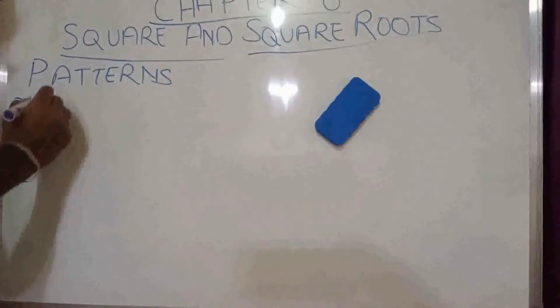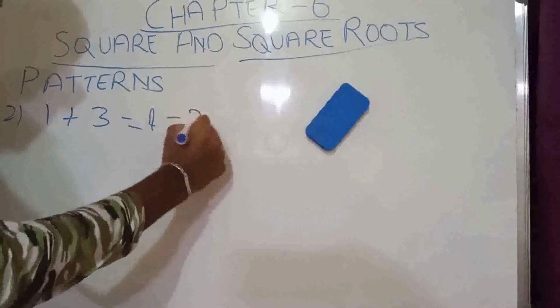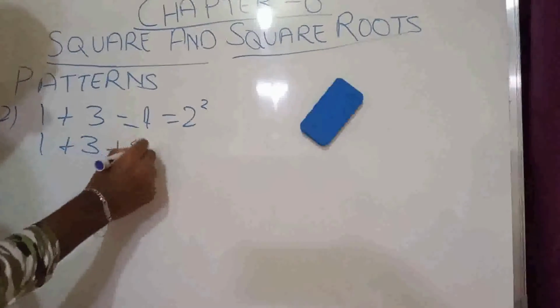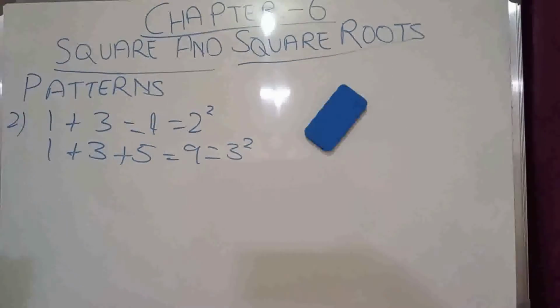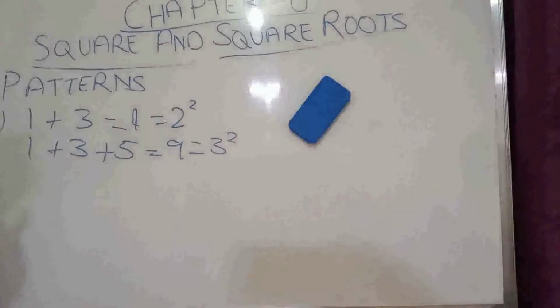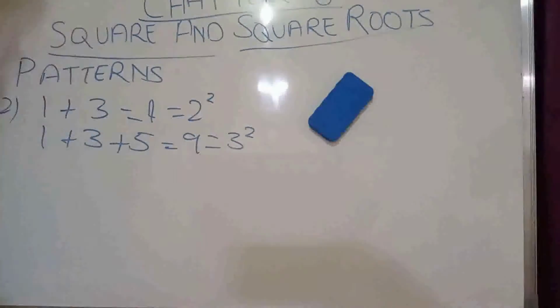For example, 1 plus 3 equals 4, which is 2 square. Then 1 plus 3 plus 5 is 9, which is 3 square. So you can see that when we add consecutive odd numbers starting from 1, then we get square numbers.